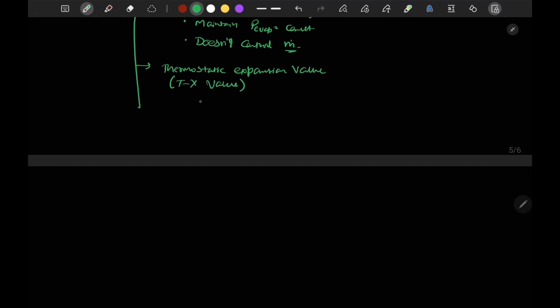It maintains varying load. One more point: it also causes a pressure drop.